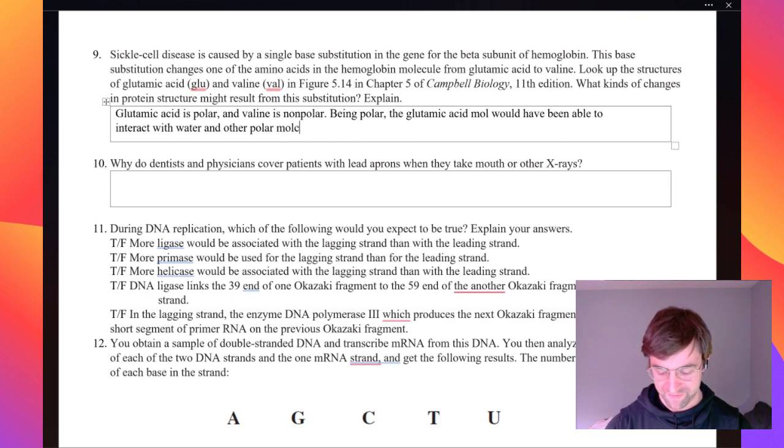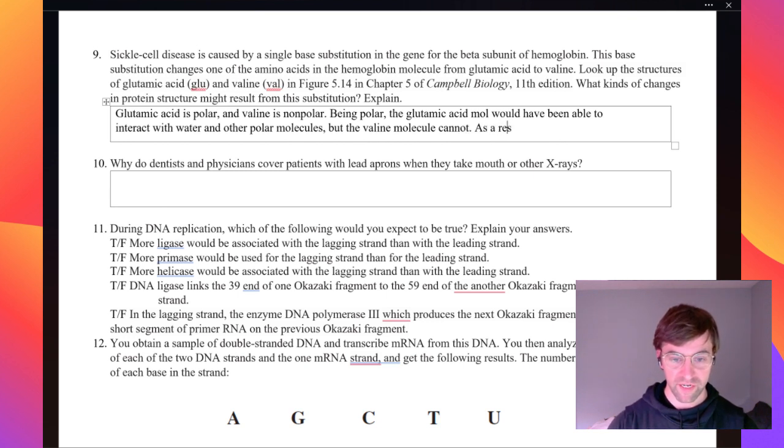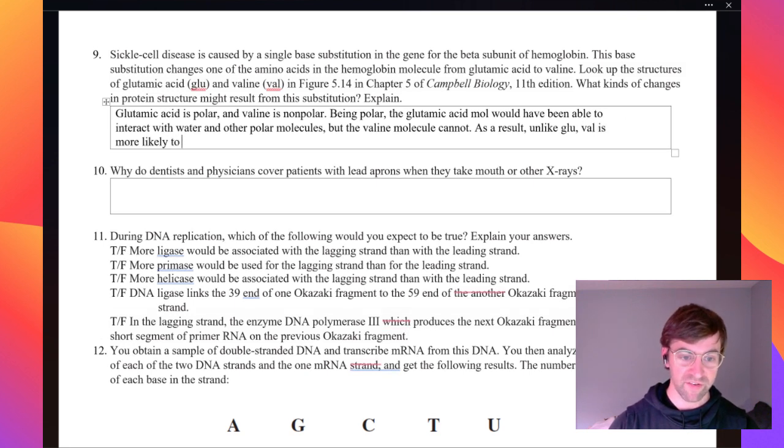But the valine molecule cannot. As a result, unlike glutamic acid, valine is more likely to have an interior position in the hemoglobin molecule.